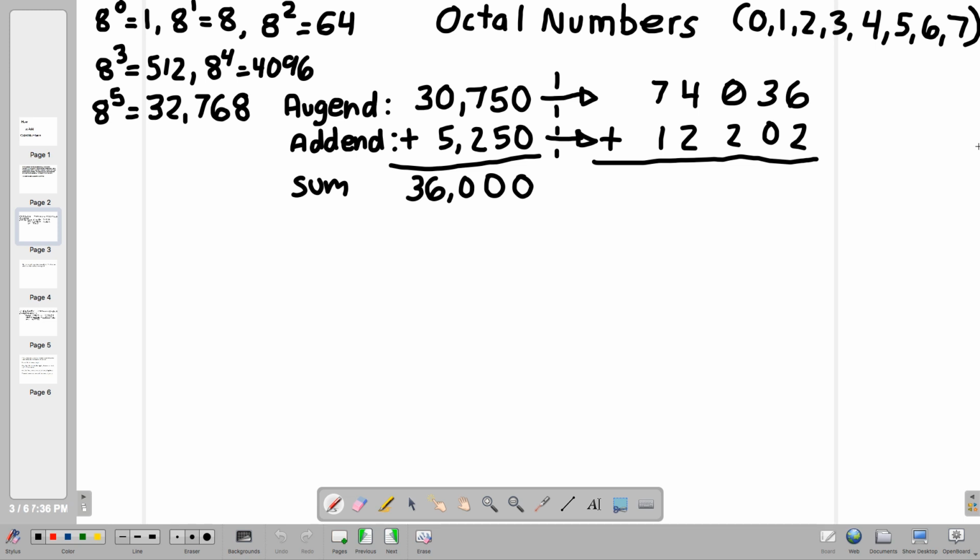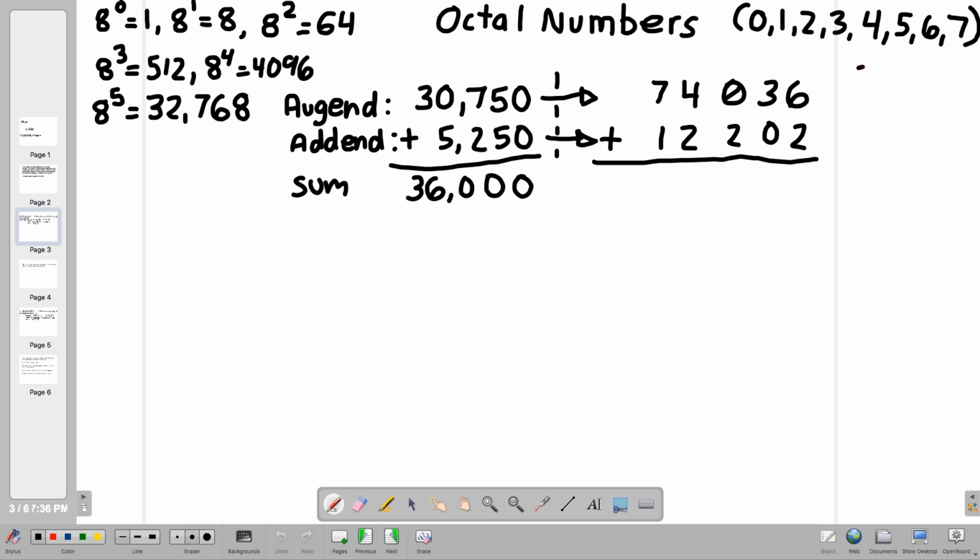So let's compute. So here we have an addition. We want to compute the octal numbers. We got 74036 and 12202. And as we usually do, we always start from the least significant column. In this case, we're going to add 6 and 2. Let's look a little bit to the right here.